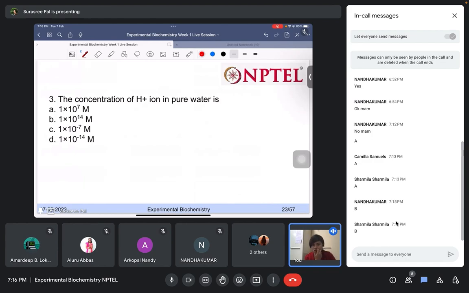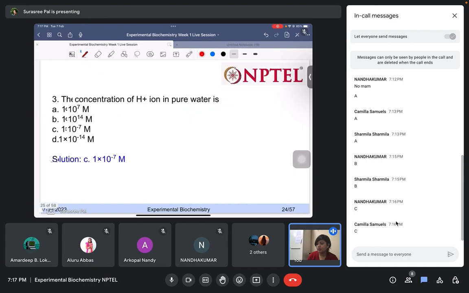What is the concentration of H plus ion in pure water? Okay, so the correct answer is C, because the pH of pure water is 7, right?